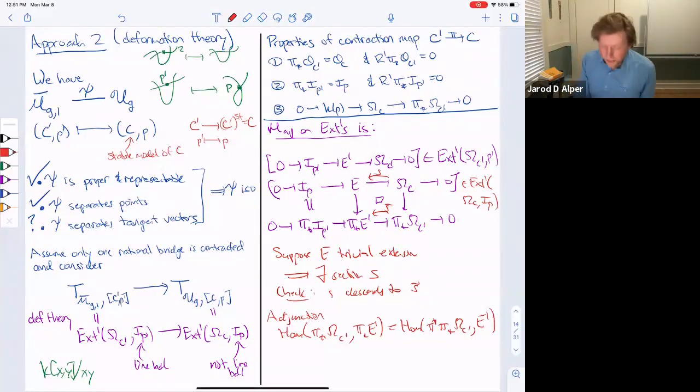And then that gives you a map from the pullback of the push forward of omega C prime. So we get this map. Let's call this S tilde by adjunction. And then the last step is you check again, by understanding this adjunction map, that the map descends.